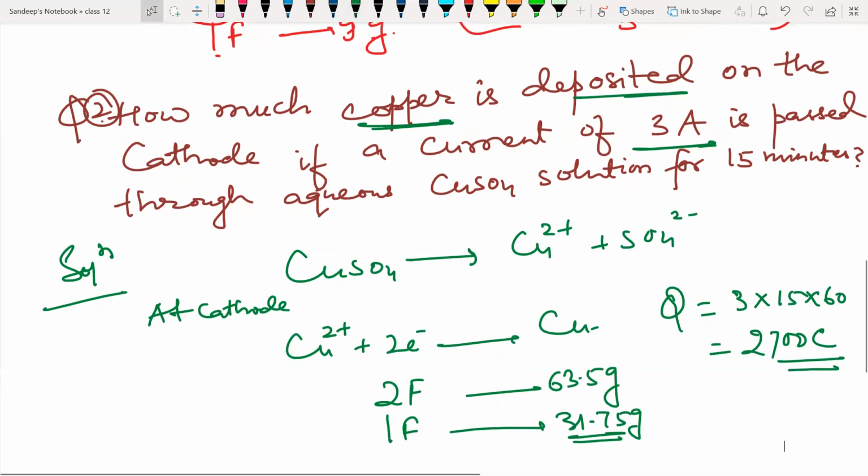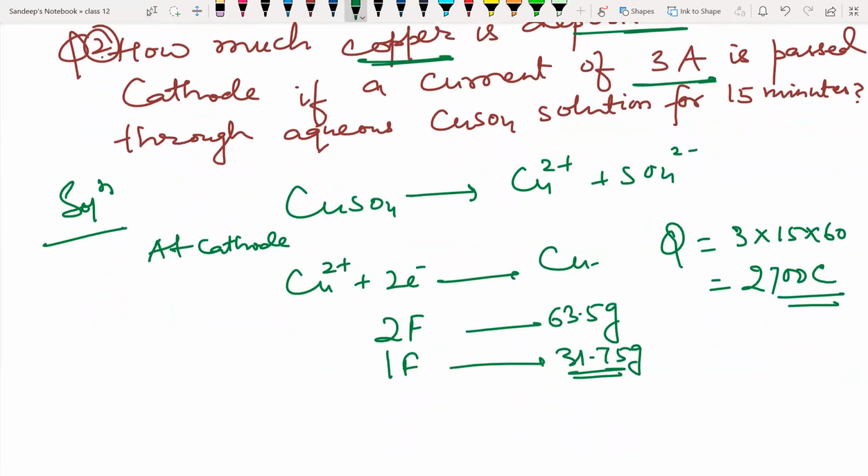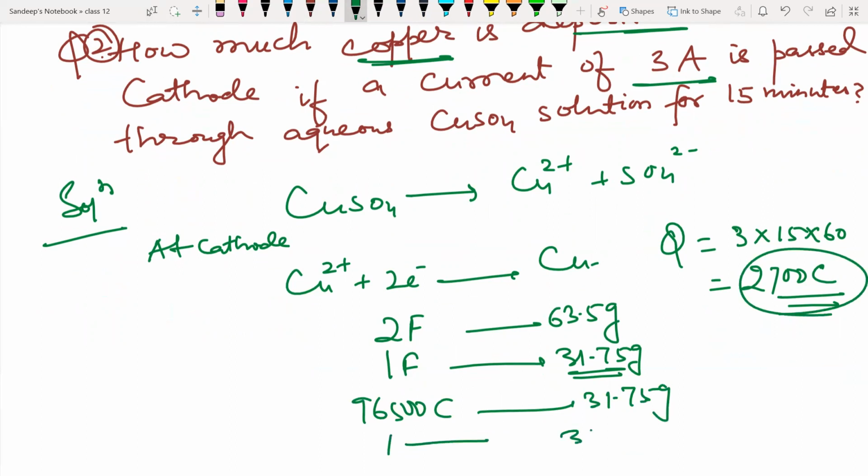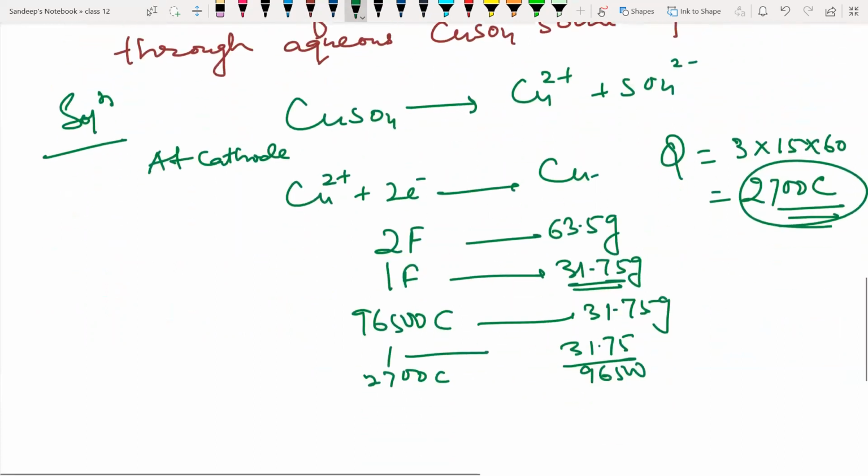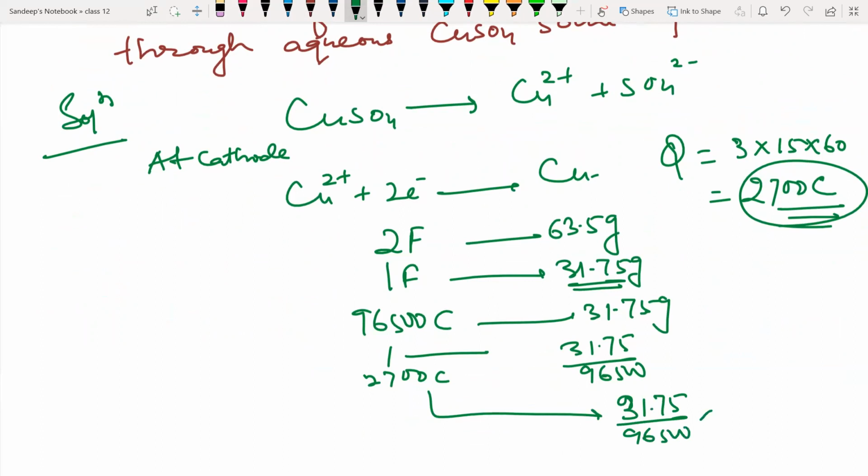So if 1 Faraday can deposit this many grams, that means 96500 coulomb deposits 31.75 gram. So we can easily find how much 2700 coulomb will deposit. 1 coulomb will deposit 31.75 upon 96500, so 2700 coulomb will deposit 31.75 upon 96500 into 2700.